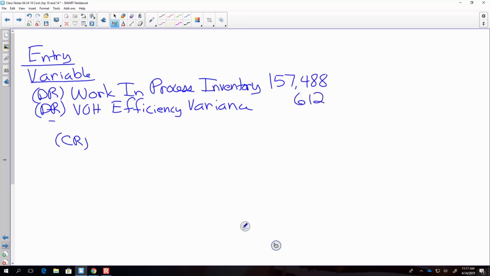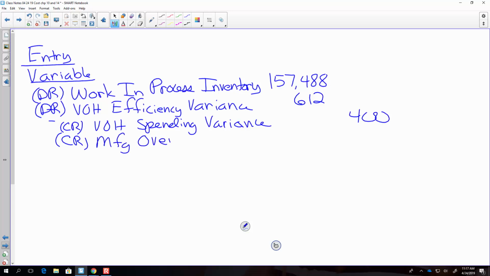So the credit then is going to the variable overhead spending variance. And that was 400, correct? And then my last account is going to be that manufacturing overhead control account. That was the 157.7.